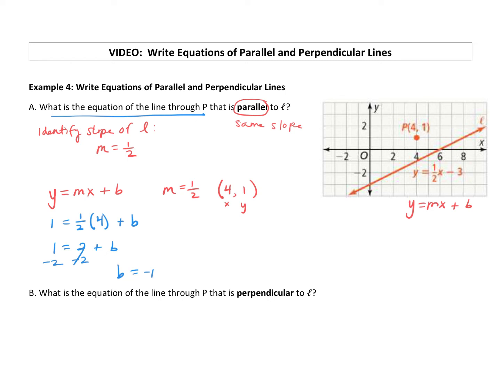We know that line will have a y-intercept of -1 and a slope of 1/2. So if we plug that into y equals mx plus b, we get y equals 1/2 x and then -1 for that y-intercept. This is a nice little trick you guys can do. You can use y equals mx plus b, plug in some information you know to find that y-intercept we were missing.